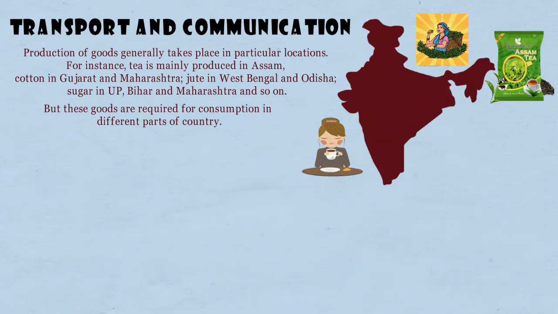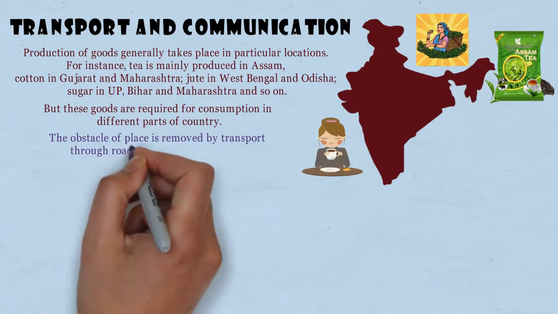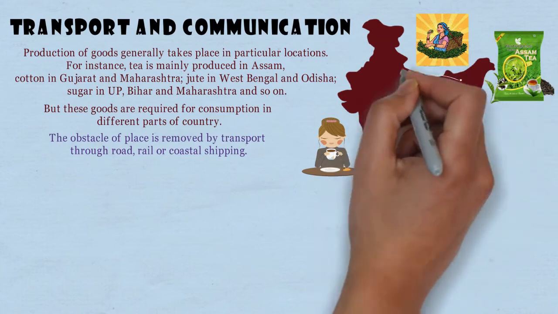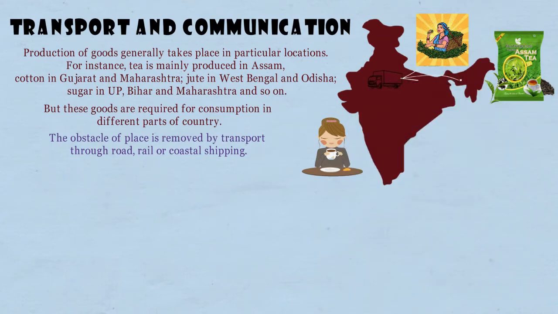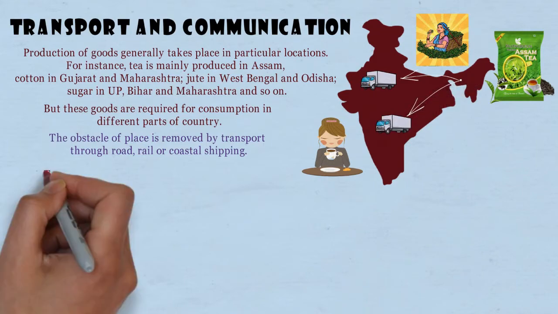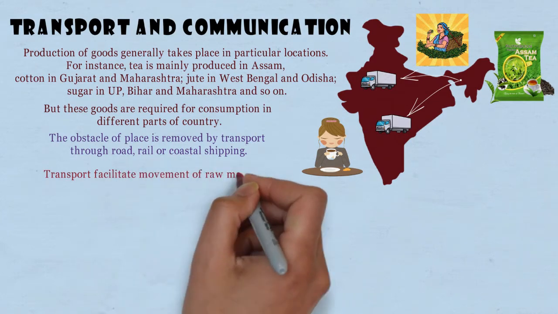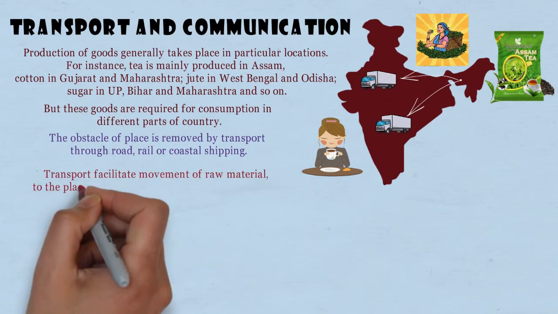The obstacle of place is removed by transport through road, rail or coastal shipping. Transport facilitates movement of raw material to the place of production and the finished products from factory to the place of consumption.